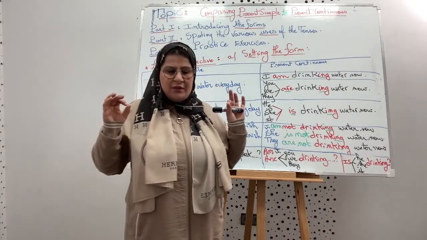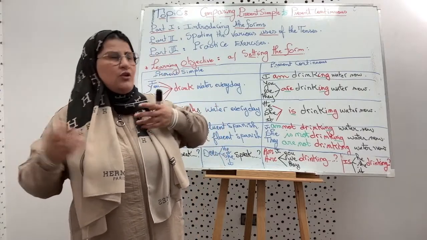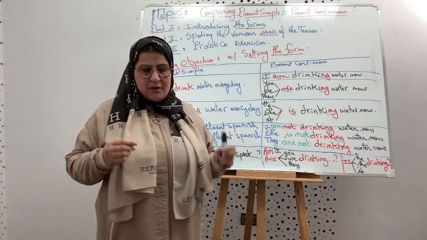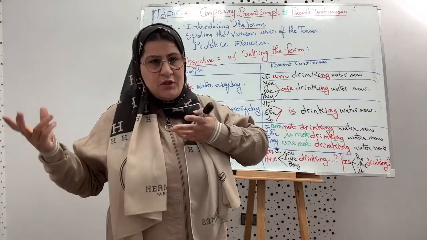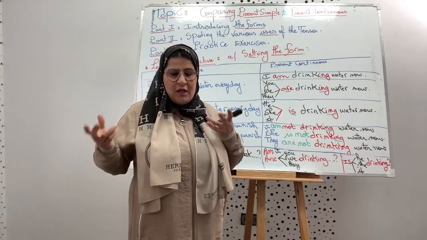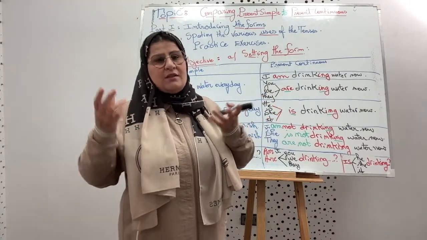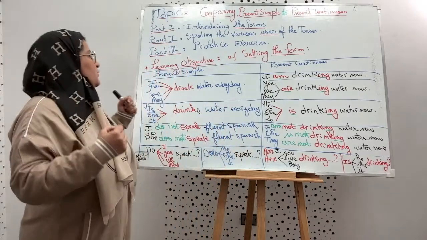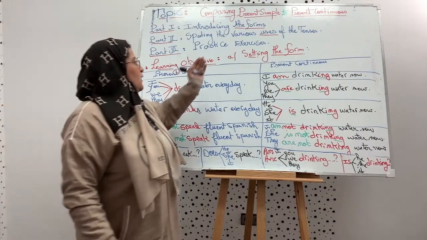Basically, we would like to focus on the grammatical structure of each tense, how they differ in terms of their grammatical structure and what these tenses look like or sound like. So, learning objectives.